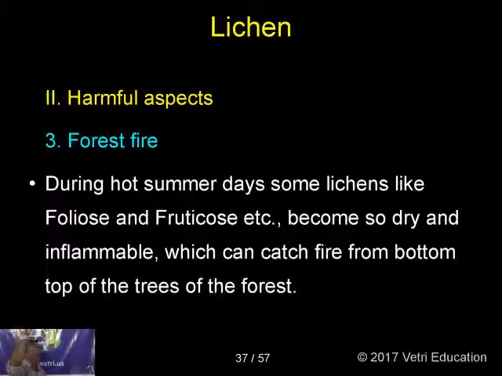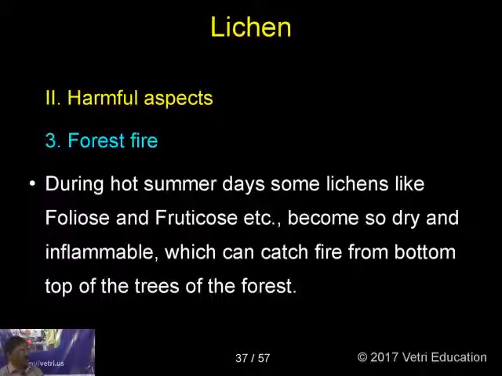Another aspect, the last aspect regarding the harmful things, is forest fire. See, during hot summer days what happens, the lichens of foliose, fruticose, etc. become dry and inflammable, so they catch fire from bottom to top of the trees of the forest. The whole forest will be burned because of these lichens, especially the foliose and fruticose types.